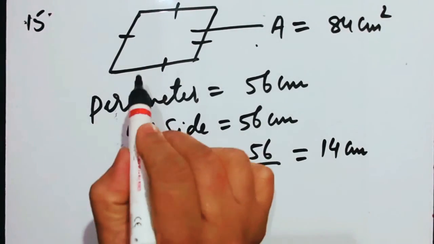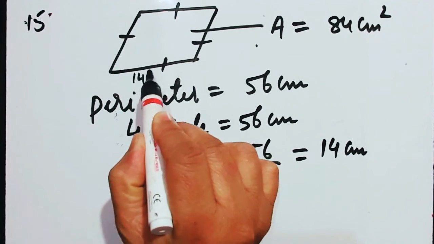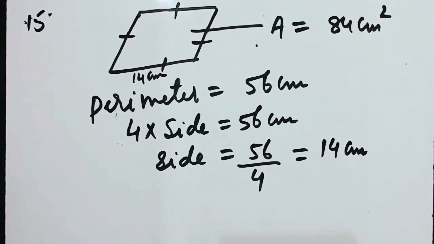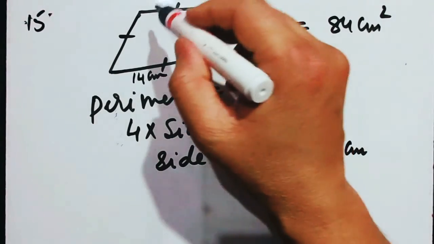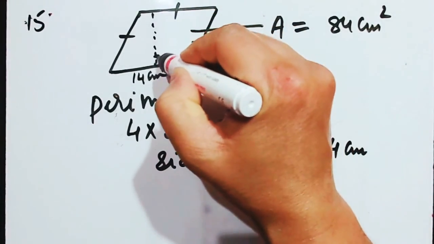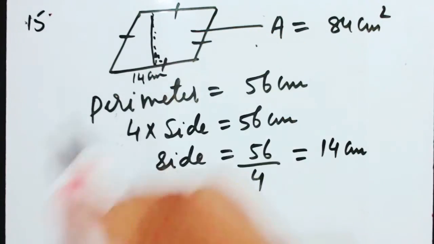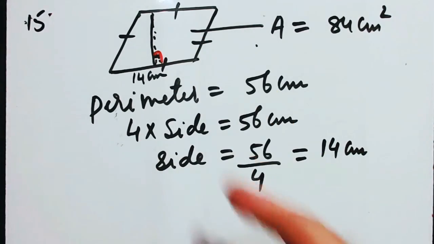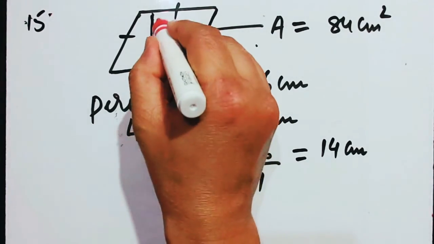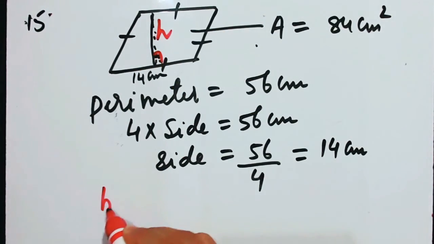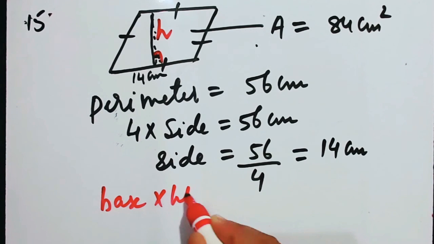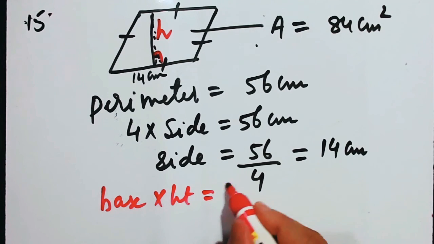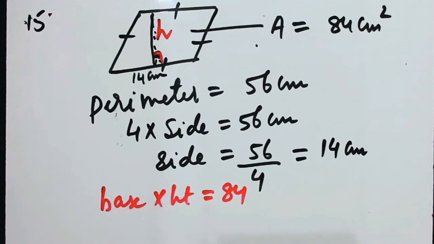Now here you have got base as 14 centimeter. You have to find the height. In the same rhombus, we will be applying the formula of a parallelogram. So base into height, this is my h. Base into height will be equal to 84, because the same rhombus is a parallelogram also.